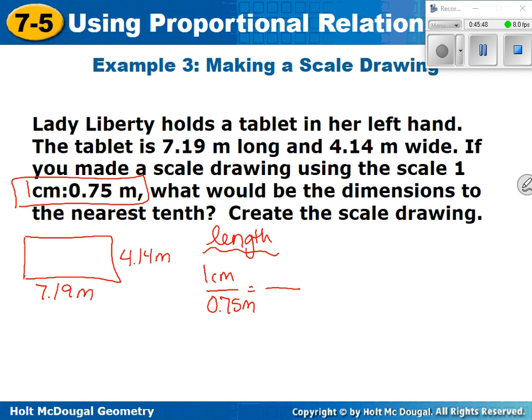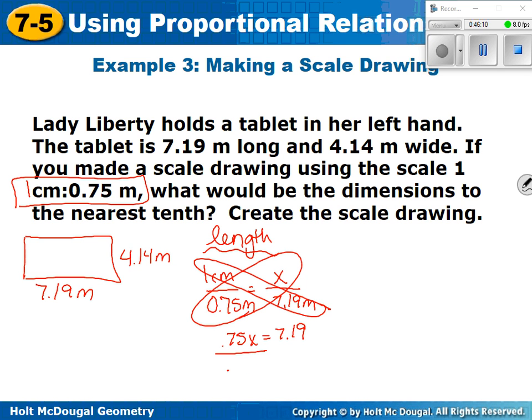So we know the length is 7.19 meters. Where does it go? Bottom. We're looking for the scale length, the scaled down length. So cross multiply. We have 0.75x equals 7.19. Divide by 0.75.